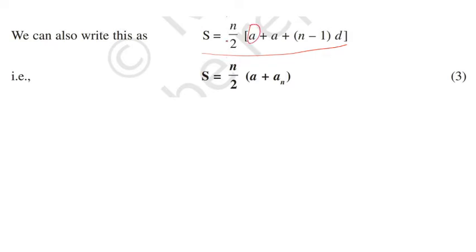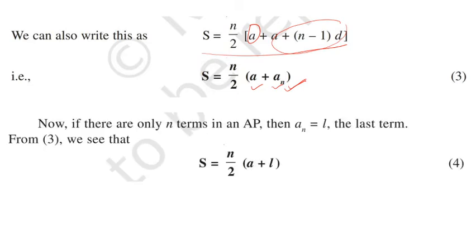Here a is the first term of the arithmetic progression, and a plus n minus 1 into d is the last term of the arithmetic progression. So what we can conclude here is the sum of the first n terms can also be n by 2 into first term plus last term, that is a plus an, right?